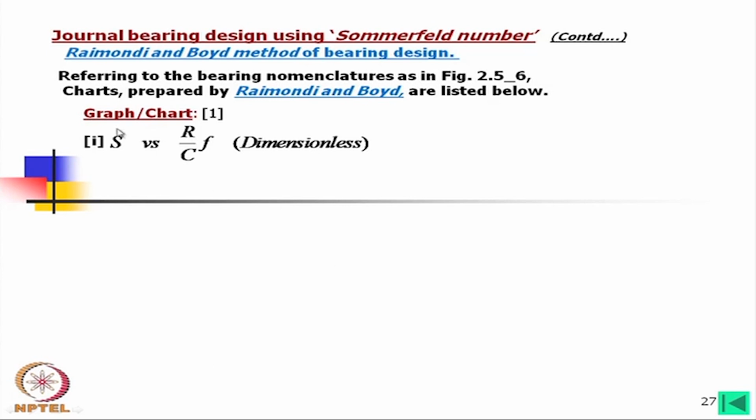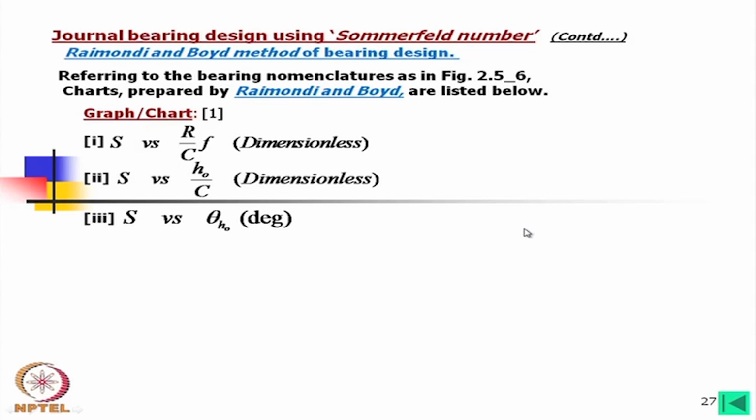And you will find that there are charts available for S, the Sommerfeld number, which is dimensionless, R by C into F, where R is the radius and C is the clearance. So, you will get this chart from where we can calculate F, because R and C are known factors. S versus H 0 by C, where H 0 is the gap at 0 position, that means directly in the direction of load.